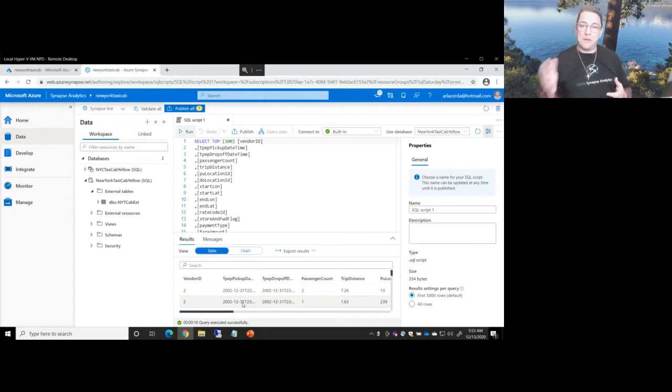So if I run 100 gigabytes in here, I'll be charged 50 cents of a dollar on this query. So, to explore data in its natural raw format, it's a very interesting way that Azure Synapse offers to us.